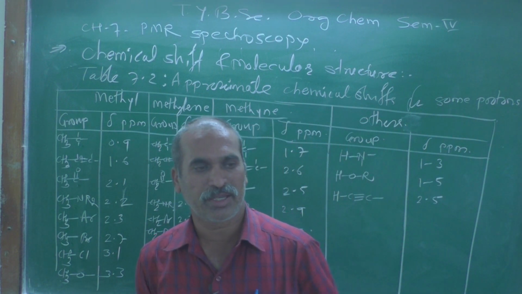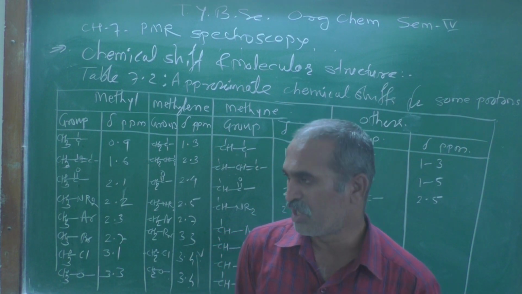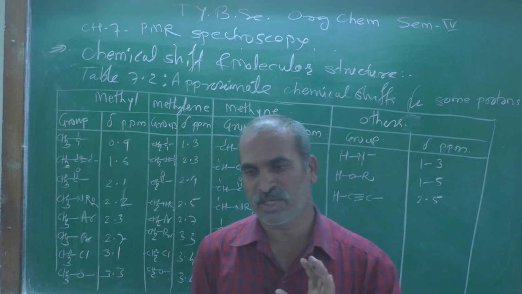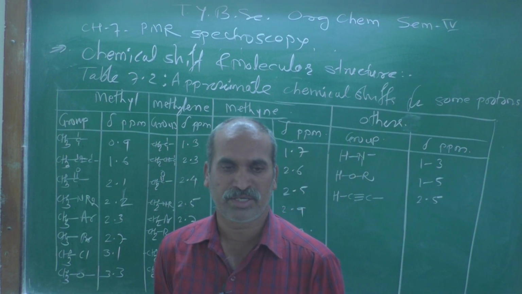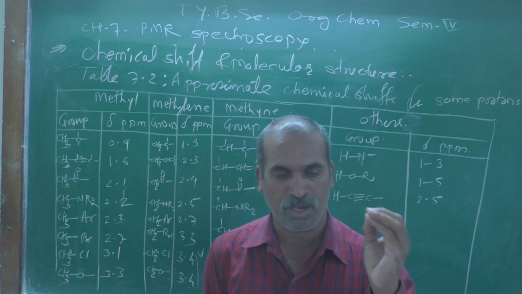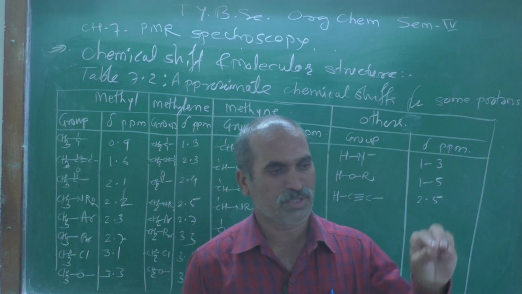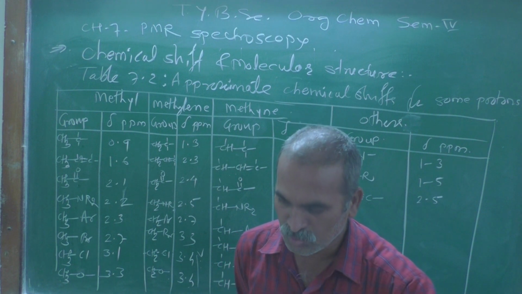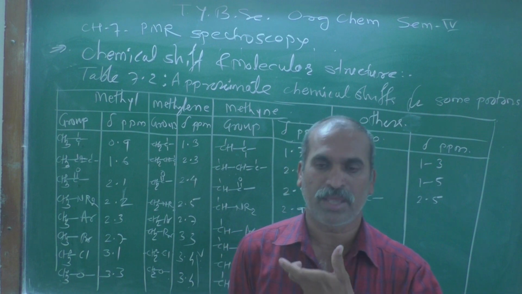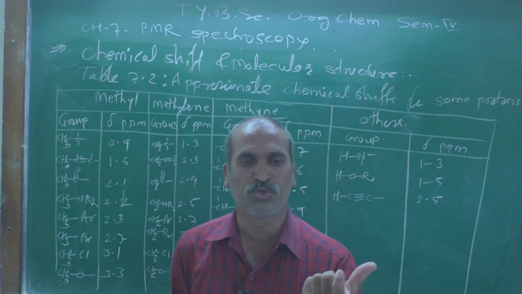The reason is that when the external magnetic field is applied, the induced magnetic field and the applied magnetic field are anti-parallel, opposite to each other, and therefore the molecule acquires a cylindrical shape and there is a generation of two zones.